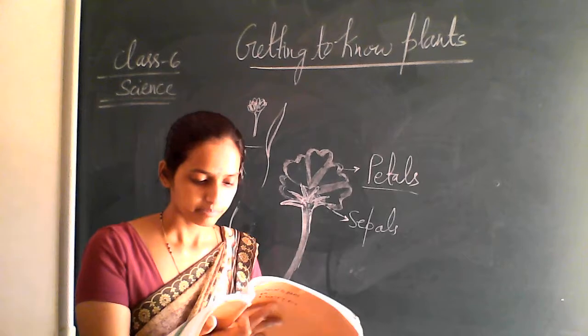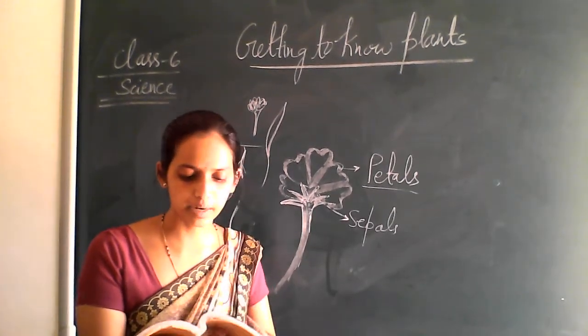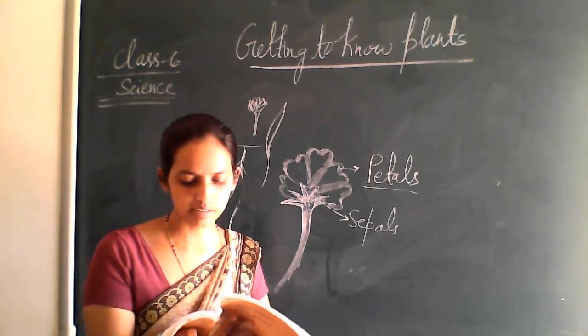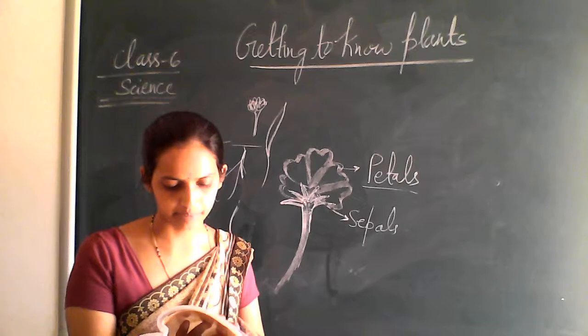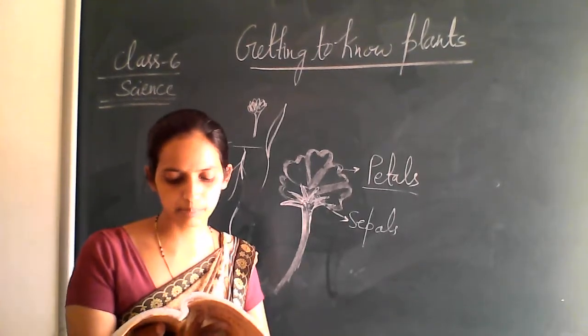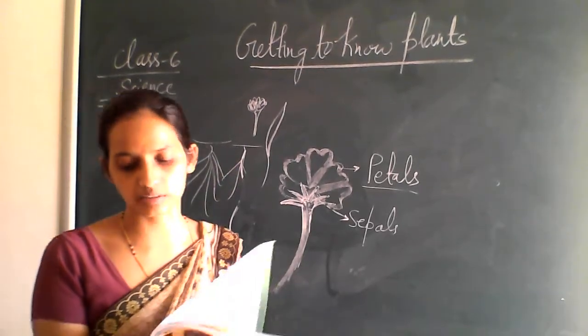So what are the colors of petals and sepals? How many petals does the flower have? Are they joined to one another or are they separate? Do the flowers with joined sepals have petals that are separate, or are they also joined together?